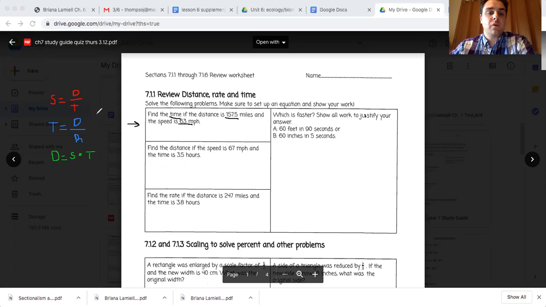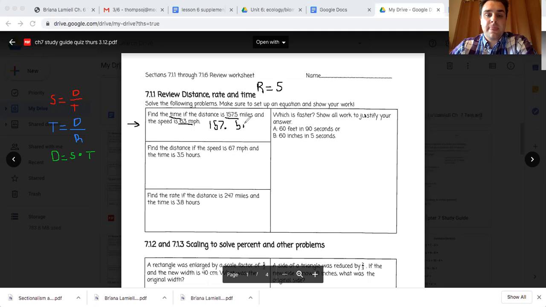Now, if you look over here, I have distance over rate. Remember, rate is equal to speed. It's the same thing. If I say speed or if I say rate, I'm talking about the same thing, so I don't want to confuse you here. So what we need to do is take what we know. We have 157.5 miles.